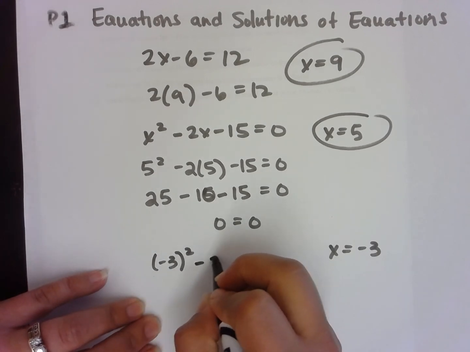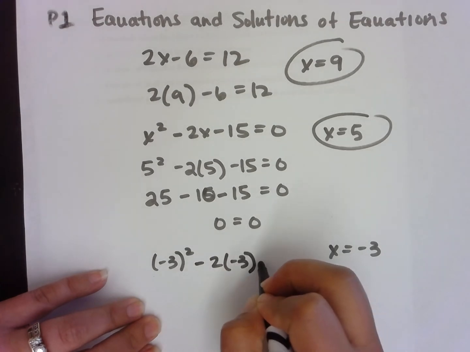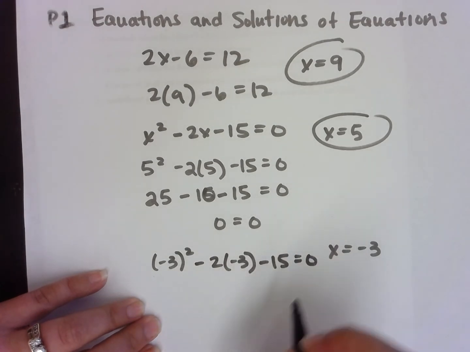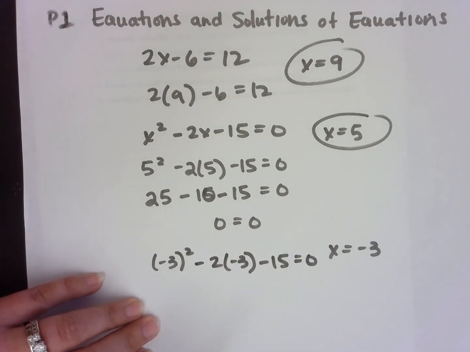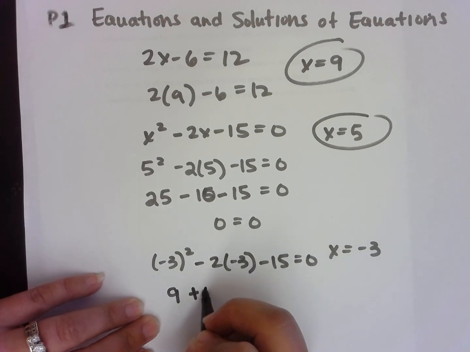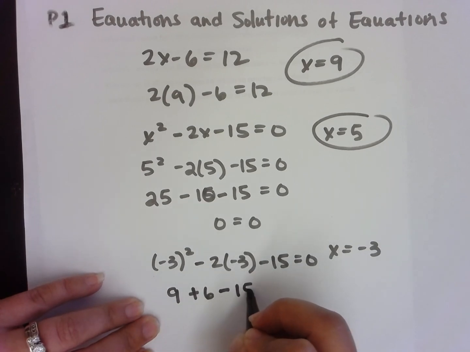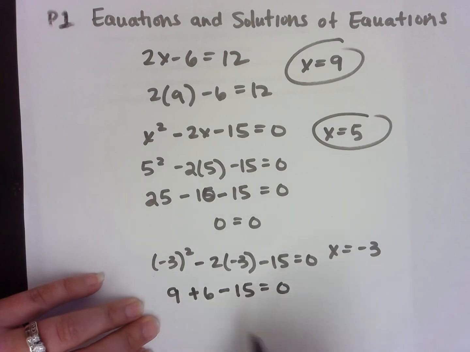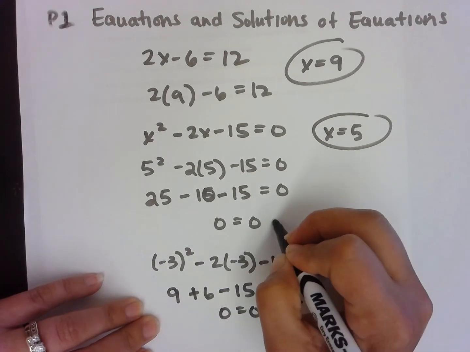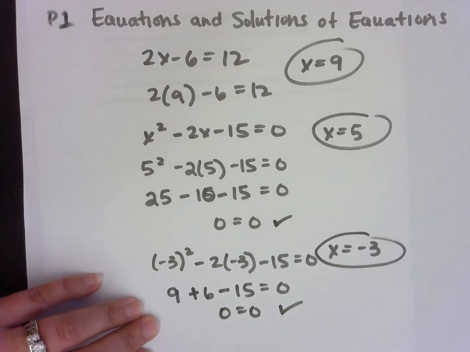Then I have minus 2 times negative 3 minus 15 equals 0. Negative 3 quantity squared means negative 3 times negative 3, which is positive 9, minus negative 2 times negative 3 is actually plus 6, minus 15 equals 0, and 9 plus 6 minus 15 is 0, so I get 0 equals 0 again, right? So x equals negative 3 is a solution.